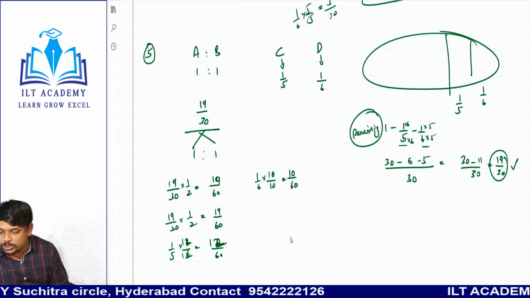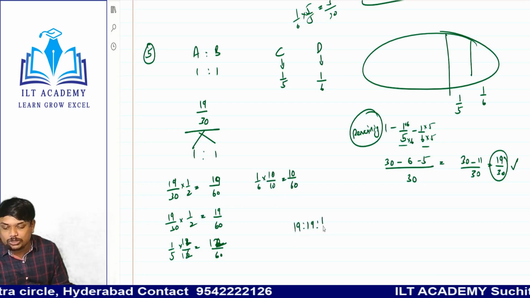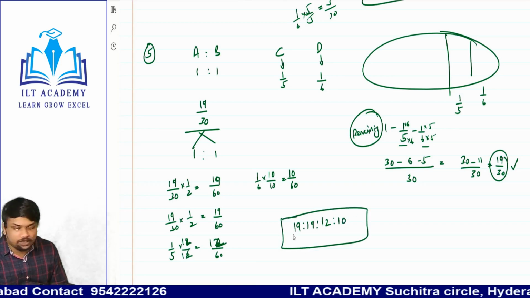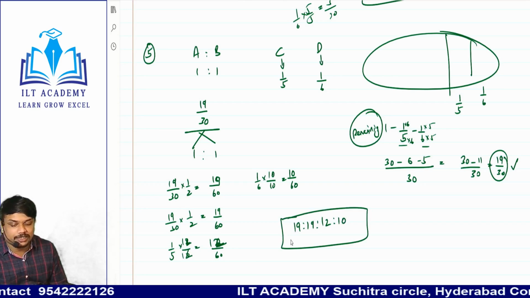So finally the ratio is 19:12:10. This is the ratio. Any doubts? Got it? Clear?